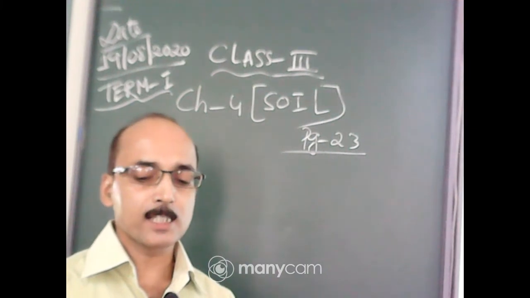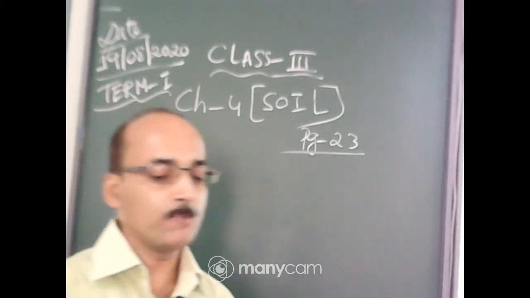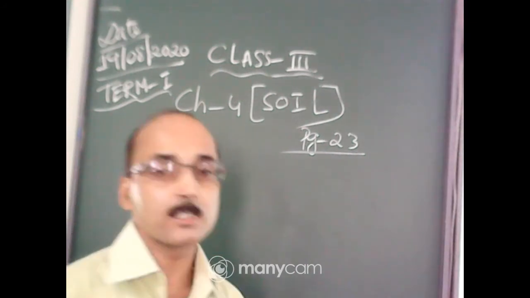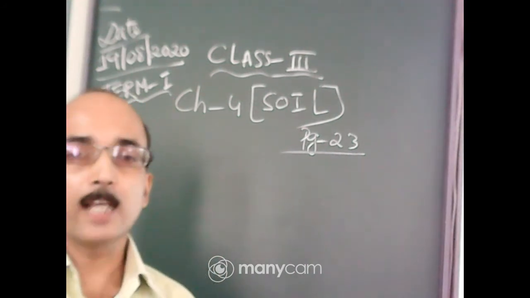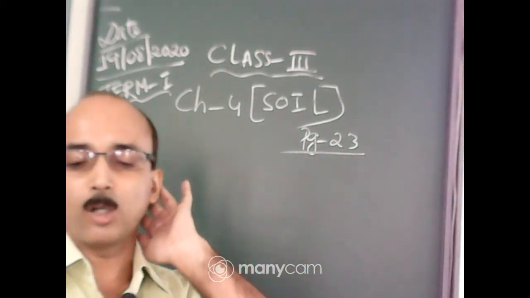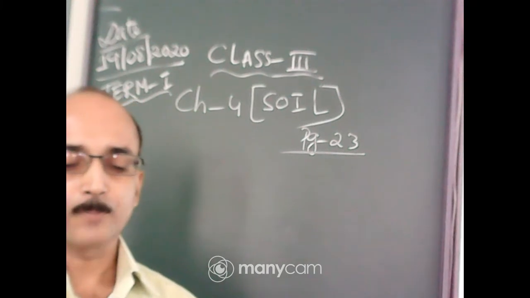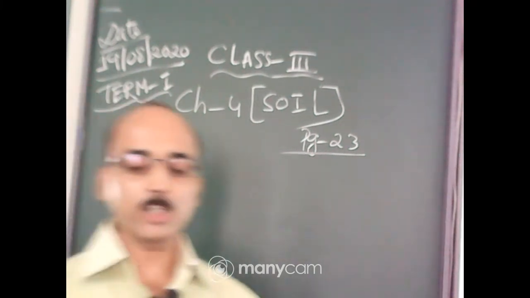Small animals like insects and earthworms live in the soil. Small animals like insects, suppose ants, some small worms can also be there, and earthworms, they all live in the soil. Now, coming to formation of soil.